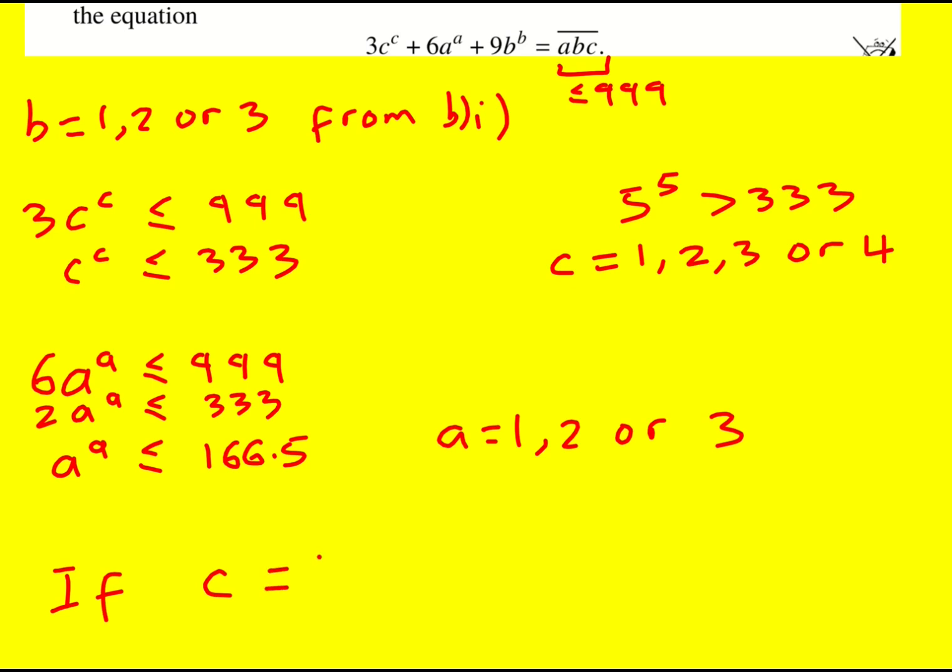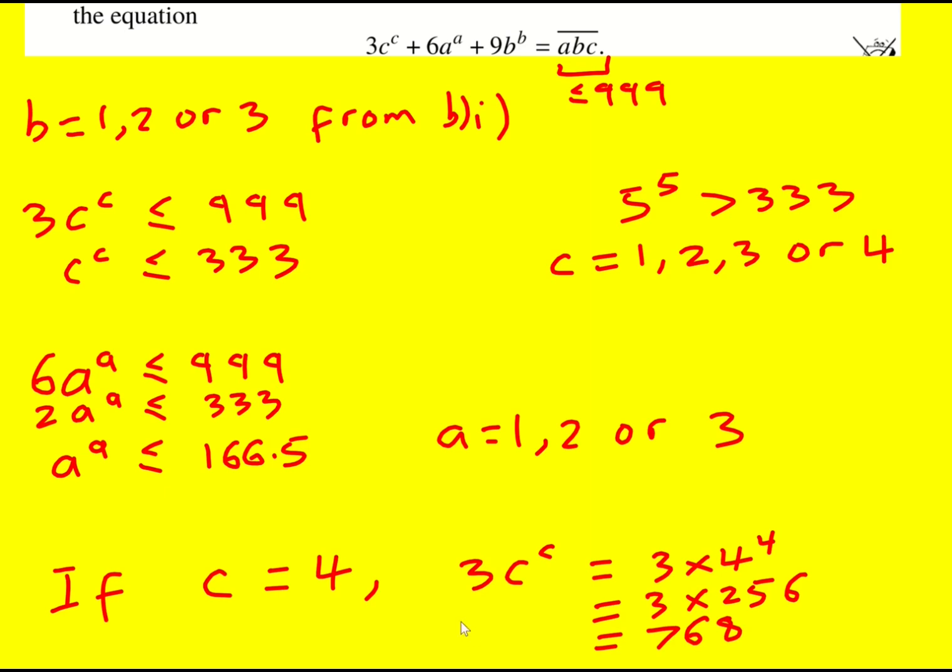So if C is equal to 4, then 3c to the c is going to equal 3 times 4 to the 4, which is 3 times 256, which is actually 750 plus 18, so 768.